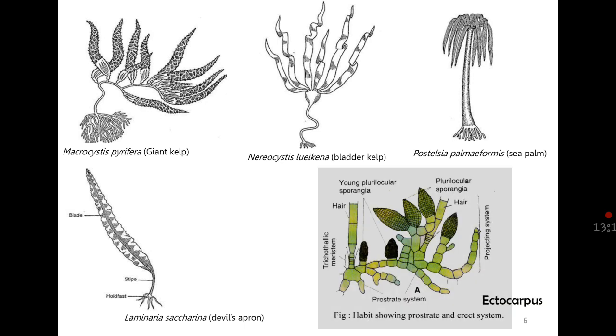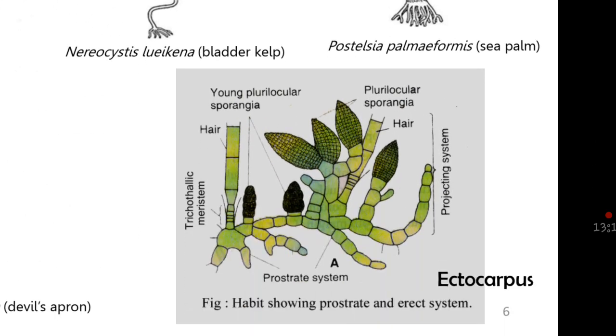And this is an example of heterotrichous type of thallus, that is Ectocarpus. Here you can see again heterotrichy. You can see some filaments growing prostrate, parallel to the soil, and some filaments growing away from the soil. So this is the erect system and this is the prostrate system, isn't it?